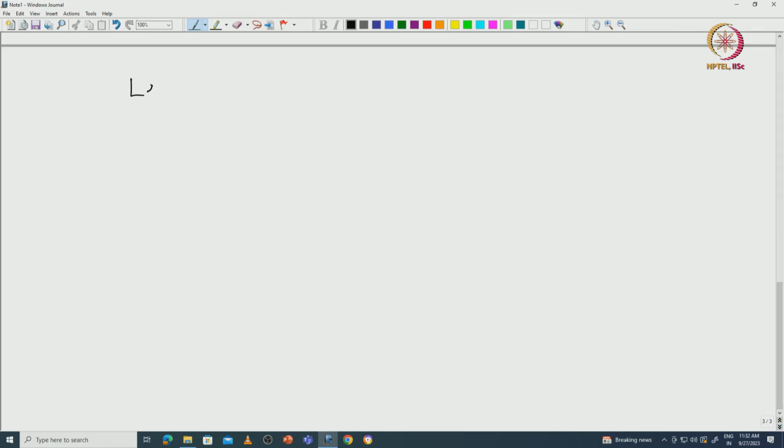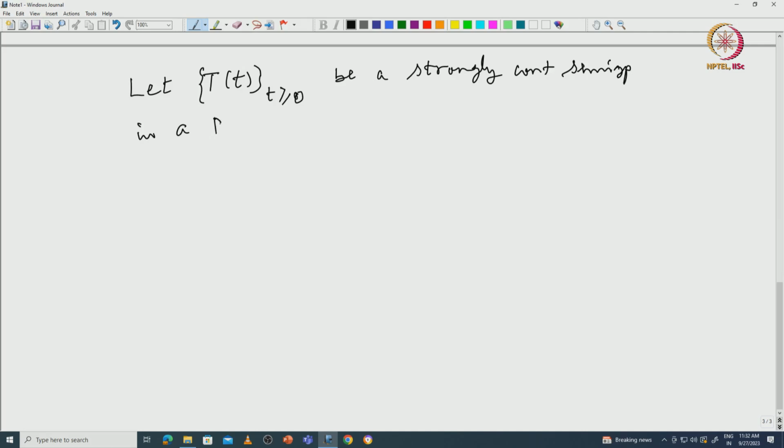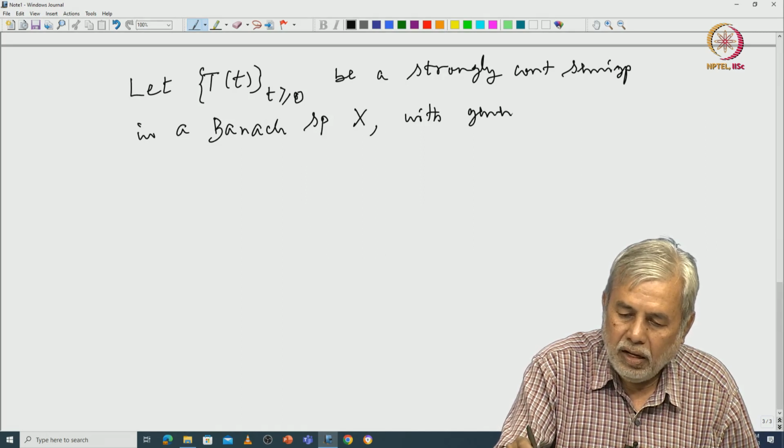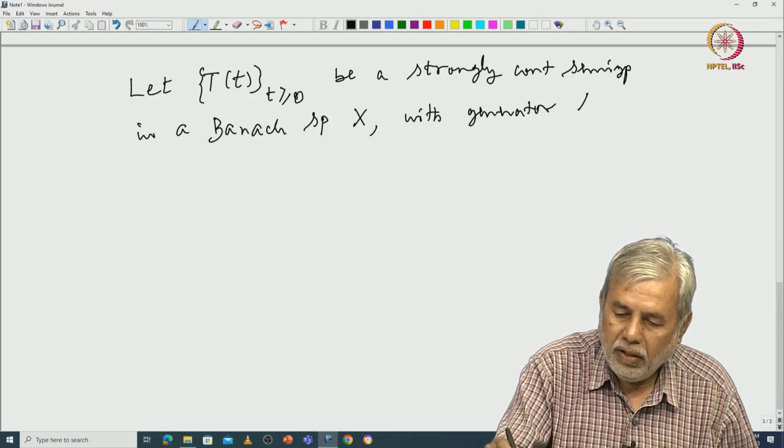So, let T(t) be a strongly continuous semigroup in a Banach space X with generator A. Okay.